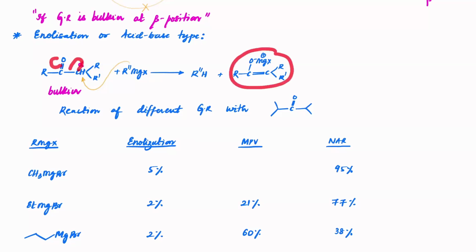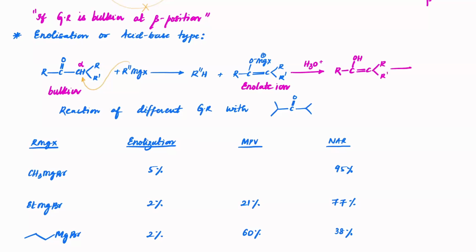And the Grignard's reagent will get reduced into RH, and this will form an enolate ion. And this enolate ion, if you hydrolyze it, will get back to the same keto form. So RC(OH) double bond C R and R dash will tautomerize to form RC double bond O CH R and R dash.